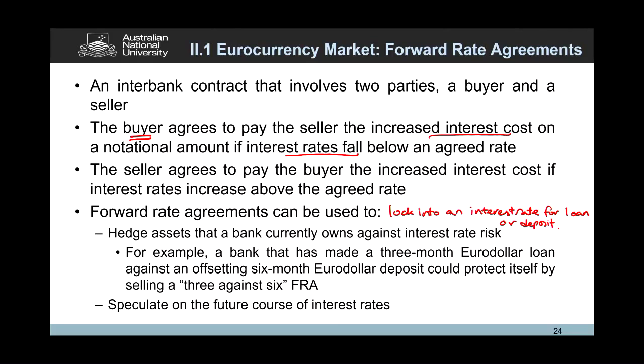And you can also use forward rate agreements to speculate on the future course of interest rates. Now, this acts very much like the forward rates that you see in derivatives, so I'm not going to spend too much time on this, but this is a very fascinating product and used a lot by financial intermediaries.